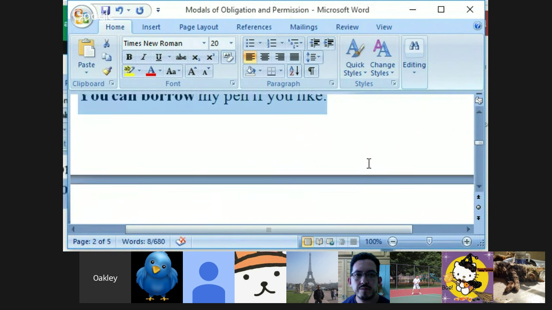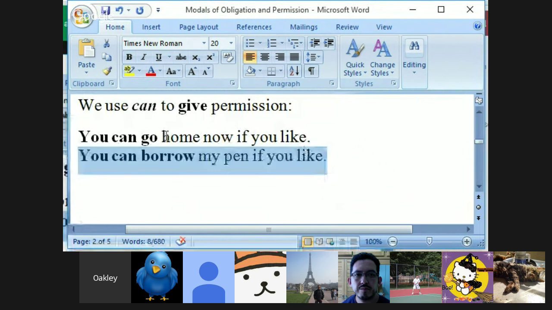Now, here is where you can't use could. You could go home now if you like. Now you're suddenly sounding like you're talking about opportunity or ability. To give permission, you really can't use could.